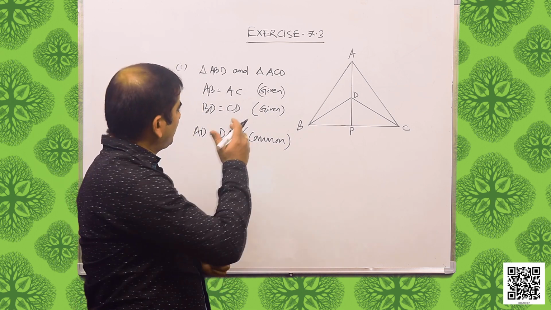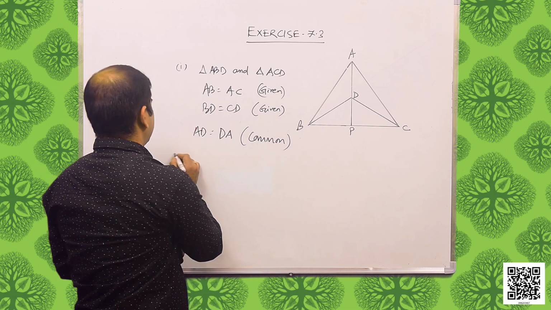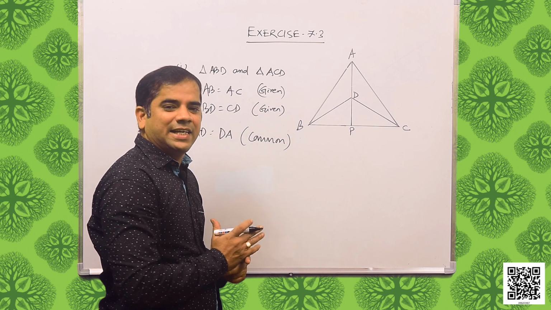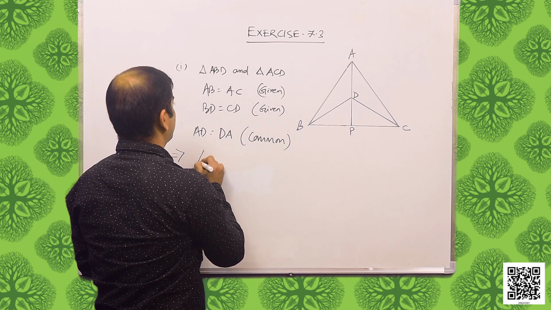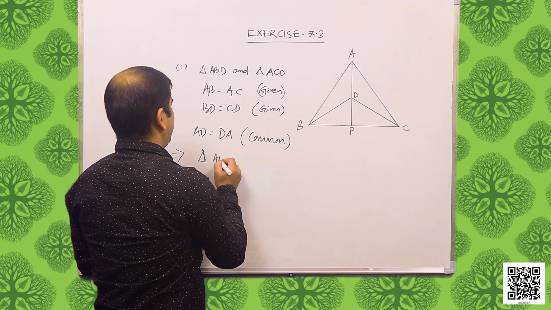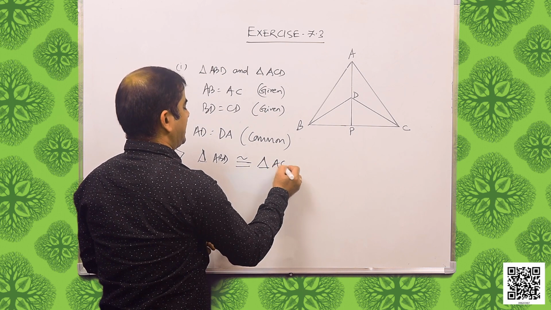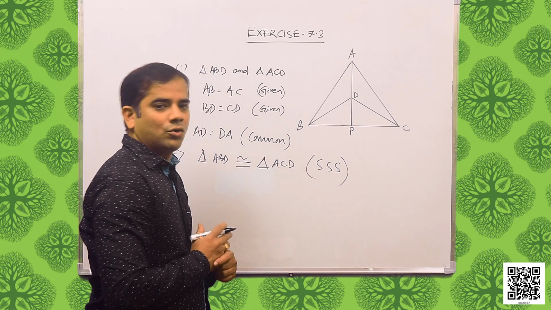Now, from these three, what we have got? We have three sides that are equal to each other. That implies triangle ABD is congruent to triangle ACD by the SSS rule of congruency.